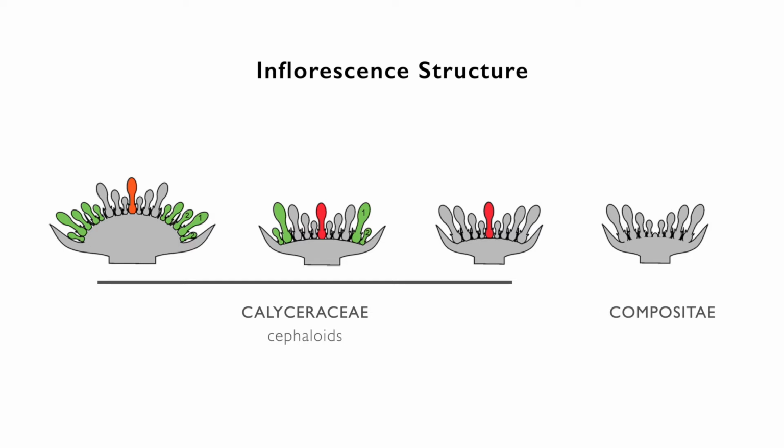And if you compare that to the Compositae, you will notice that in the Compositae we don't have that terminal central floret that occurs in the Calyceraceae, and that is a major difference between the two. Even when they have a structure that resembles a capitulum, the way it develops is very different.